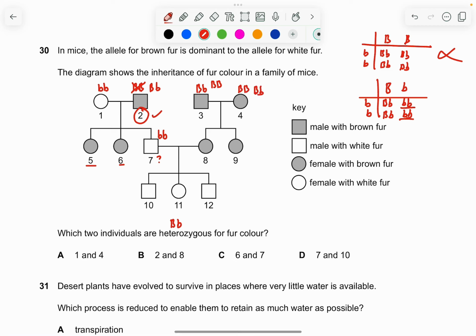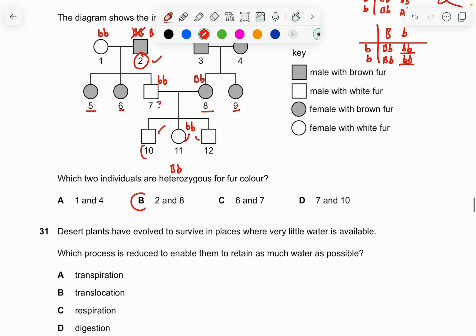But if you look here, it is not possible to have big B, big B. Although it's justified for 8 and 9, it won't be justified for the rest of 10, 11, and 12. So therefore, 8 has to be B, small b, so that when you cross it, it is possible to get BB, which both 3 has.